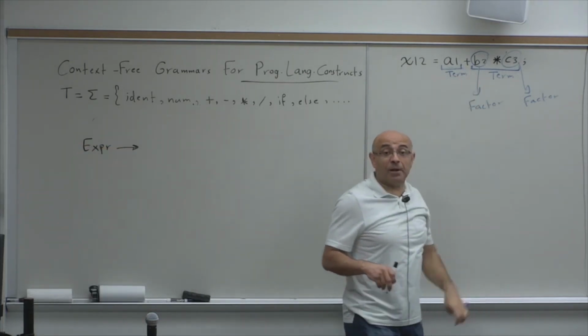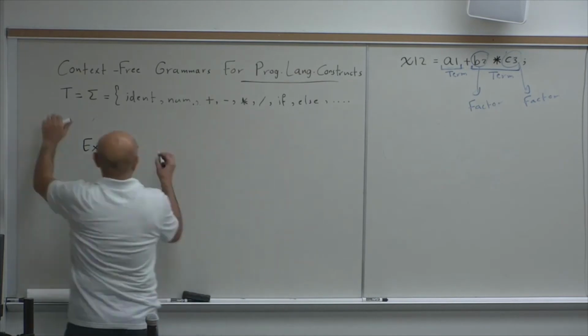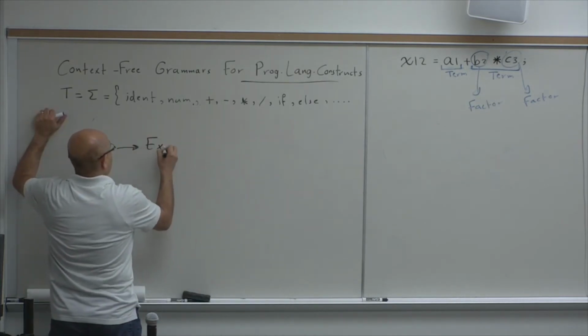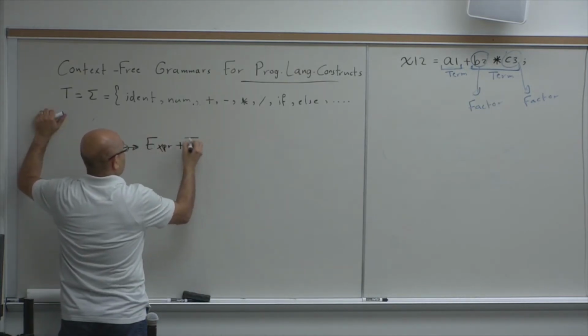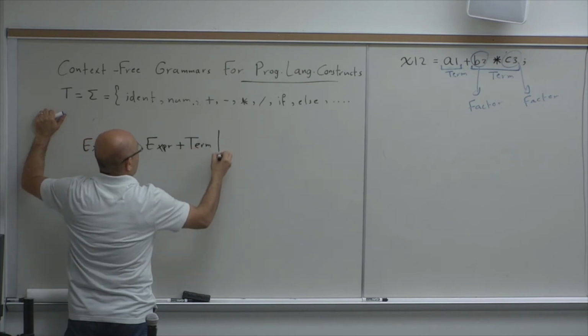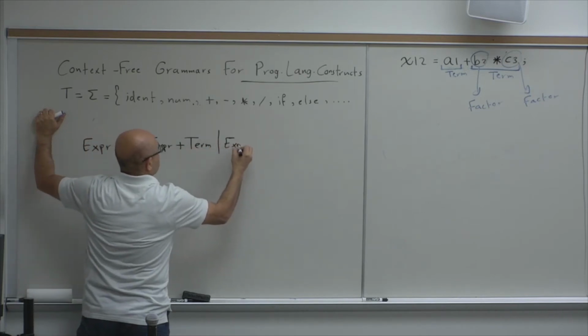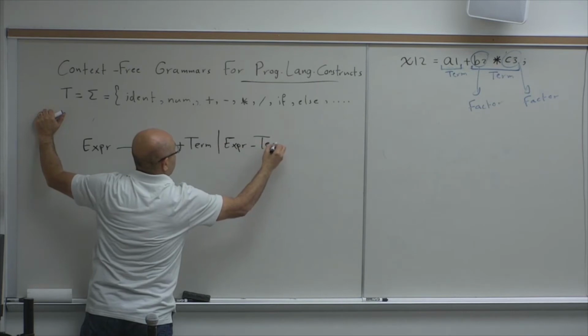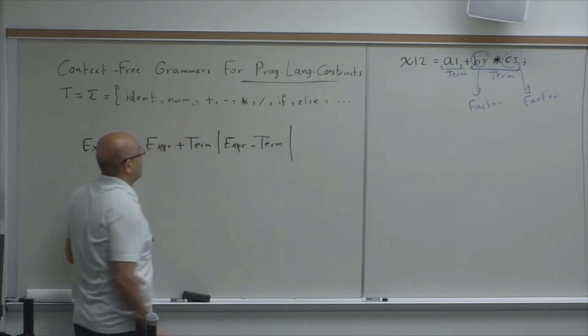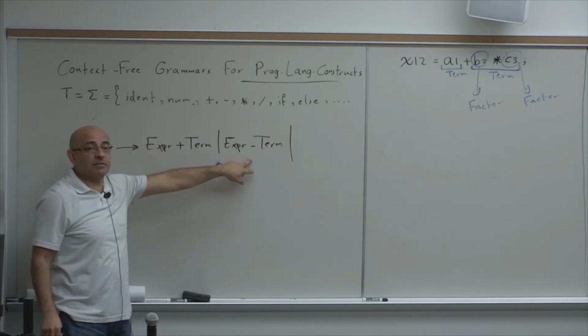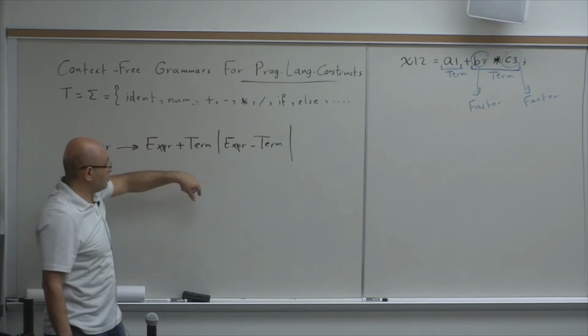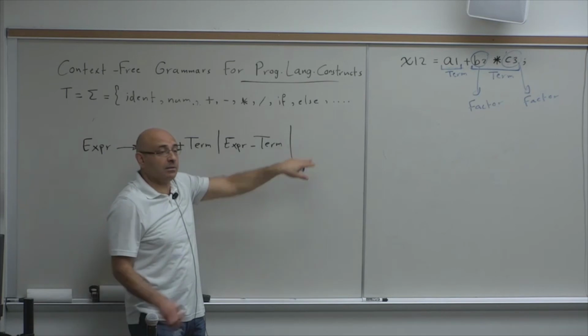Plus. So it's either plus or minus. So an expression is either an expression plus term or an expression minus term, and both of these are recursive. So we need something that is not recursive. So what should I put here? Term.